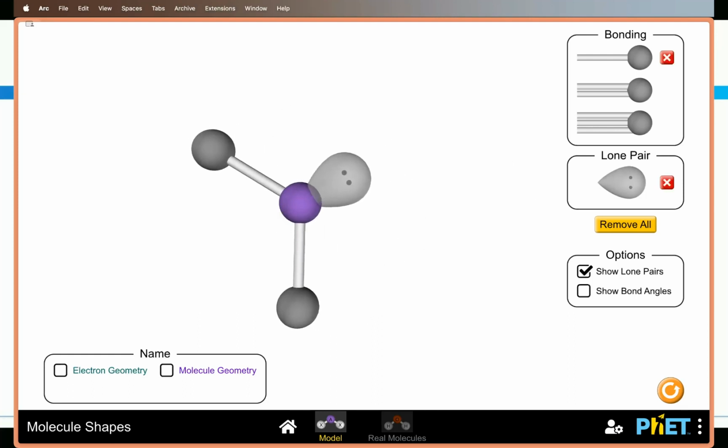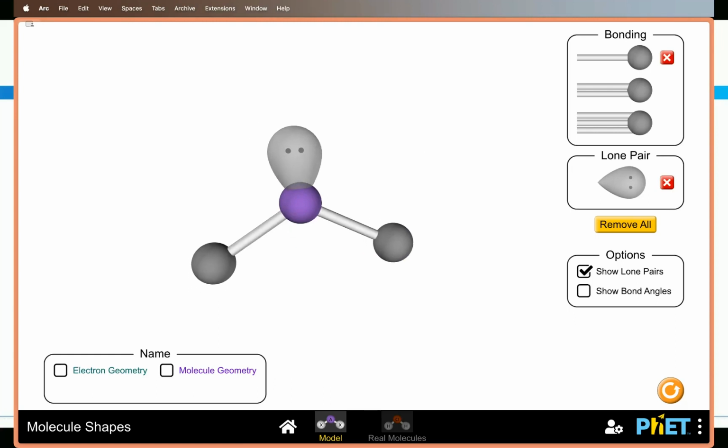Yeah, so it's like taking this guy and I remove one bond, and I put a lone pair on instead. Most of the time we're talking about molecular geometries. So molecular geometry is bent. Now the electron geometry is just counting all of the groups. Electron geometry would be trigonal planar. And if I click this option, just show the stuff that has mass. You can think of lone pairs as like ghosts.